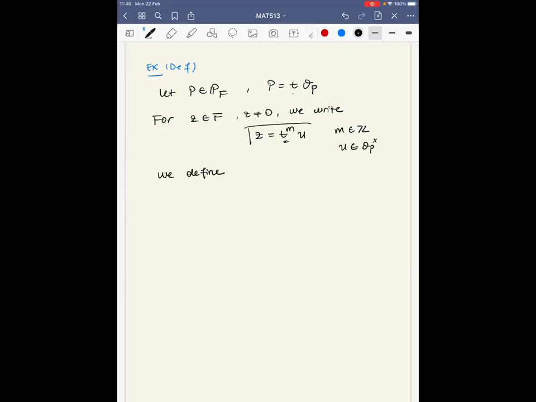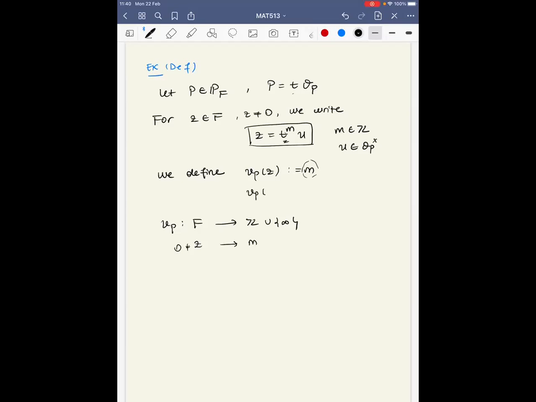And depending on this representation, we will define a discrete valuation map from F to the integers, which maps a non-zero z to the power of the prime element in its representation.